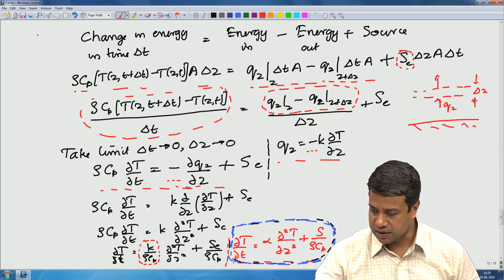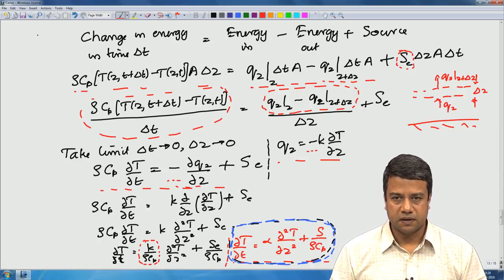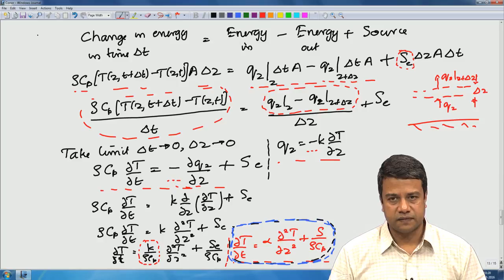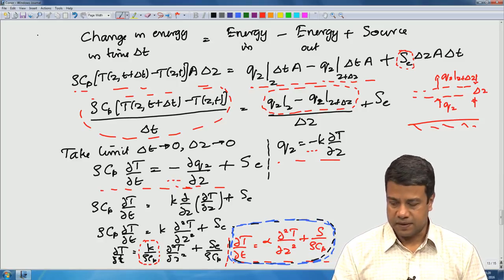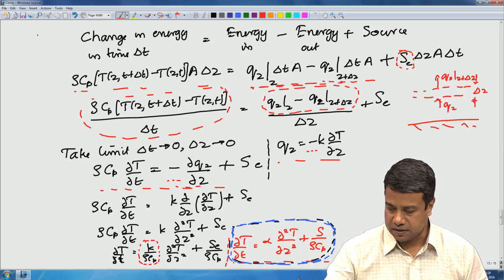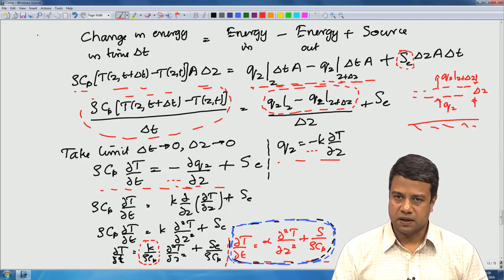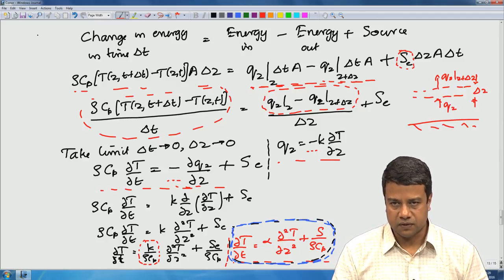Energy out is at the location z plus delta z, that is leaving. Therefore, if qz at z plus delta z is positive, the energy within this volume is being decreased. And that was these two terms, energy in and energy out, plus the source term. Source is a volumetric source, energy added per unit volume per unit time.